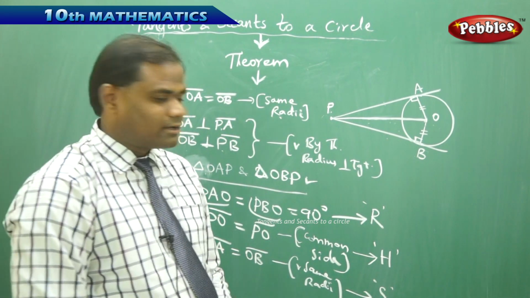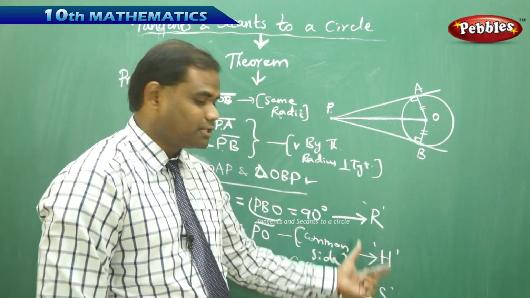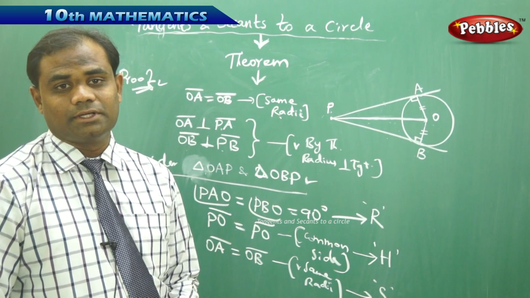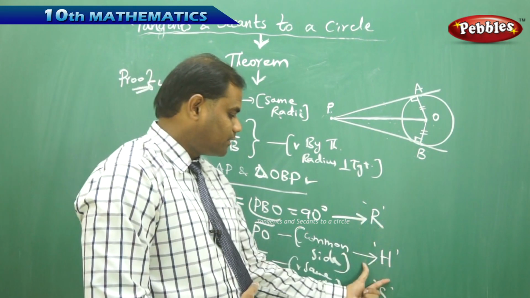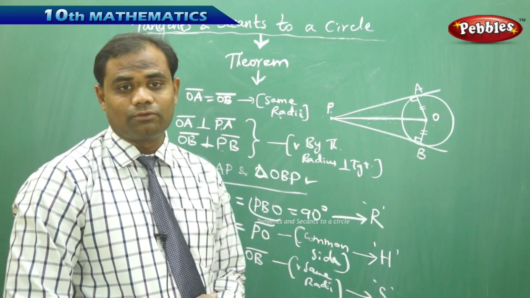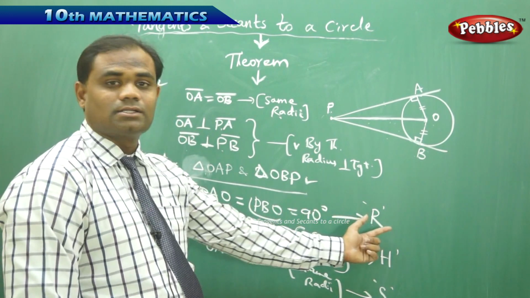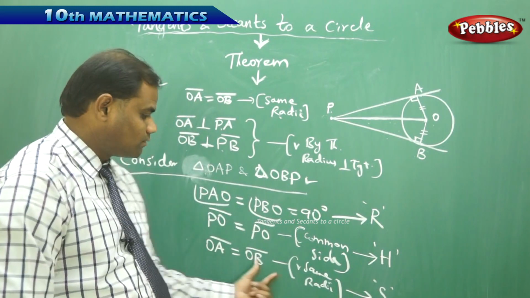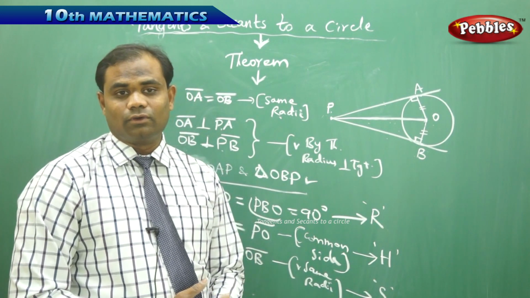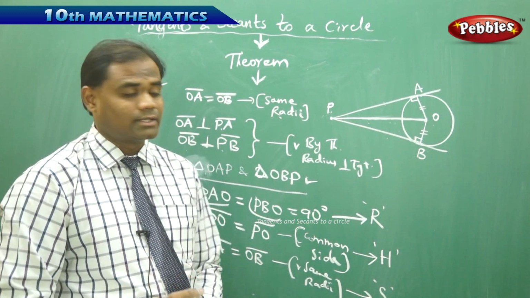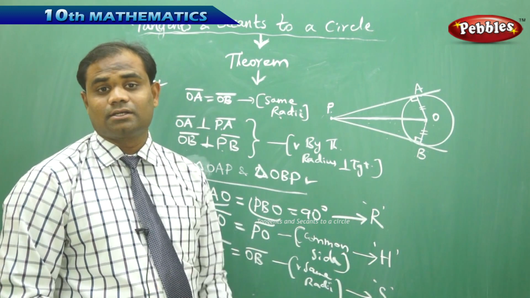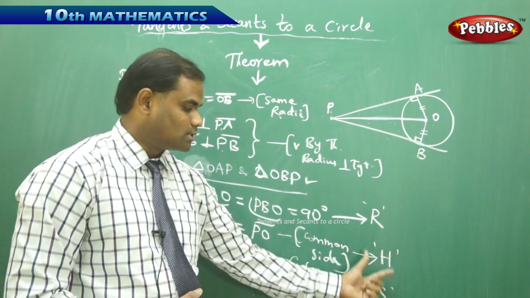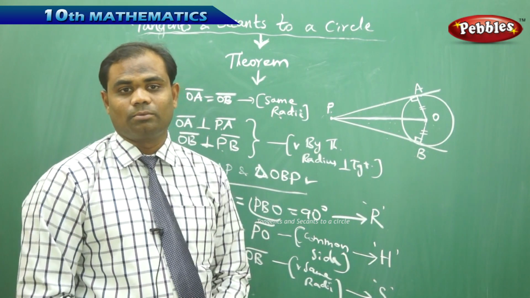This makes us clearly reflect on RHS congruency as we discussed in the topic of congruency in the previous sessions. Since the right angle is equal, the hypotenuses are equal and one of the sides is equal, therefore the two triangles are said to be congruent under RHS congruency. This is how we conclude the congruency of two triangles using the RHS congruency property.